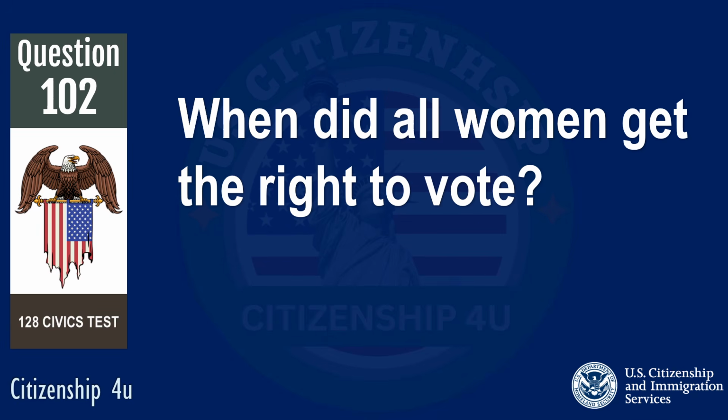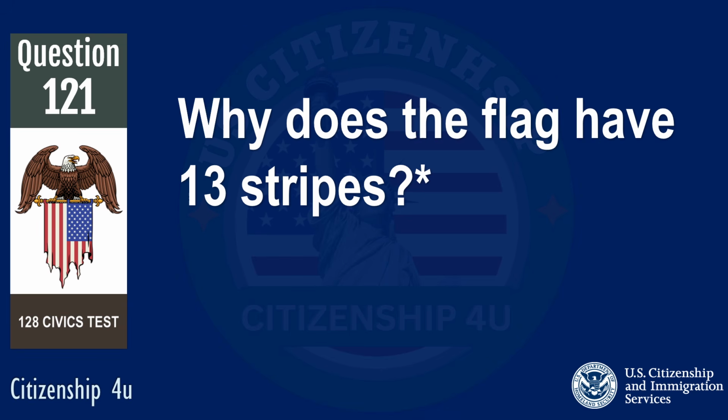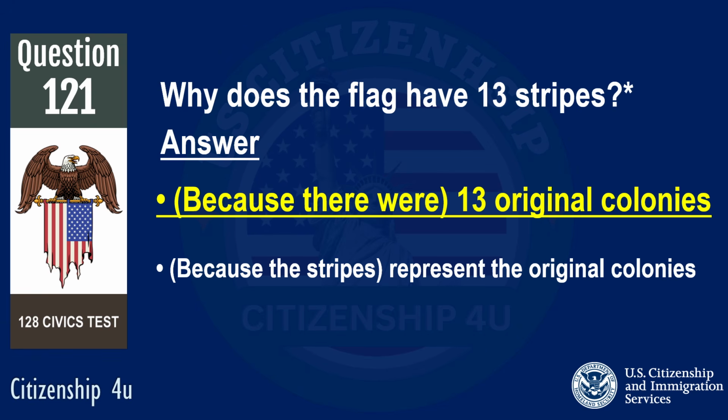When did all women get the right to vote? After World War I. Why does the flag have 13 stripes? Because there were 13 original colonies.